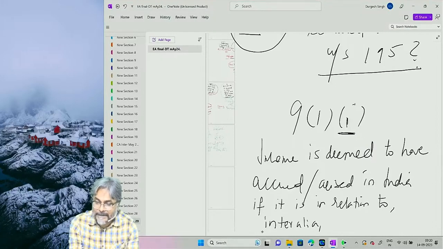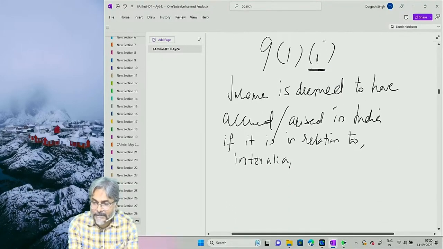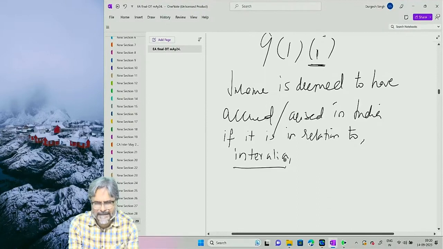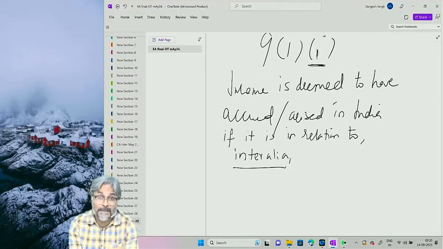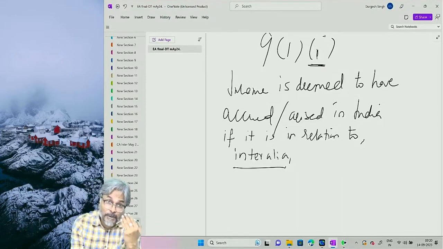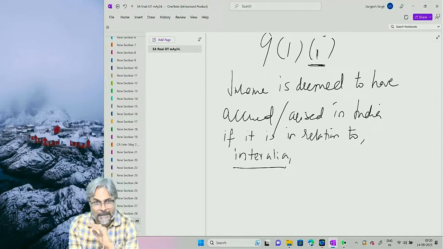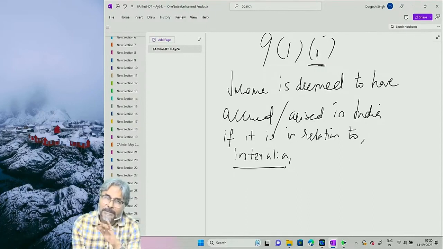Remember that word, inter alia, the magical word I took you through in the second class, meaning amongst other things. Now in section 9(1)(i), there are some 4 or 5 things. Today we are doing asset in India. Tomorrow we are going to do business connection in India. Thereafter, day after tomorrow, we are going to do indirect transfers, transfer of capital assets situated in India. So there are multiple layers.